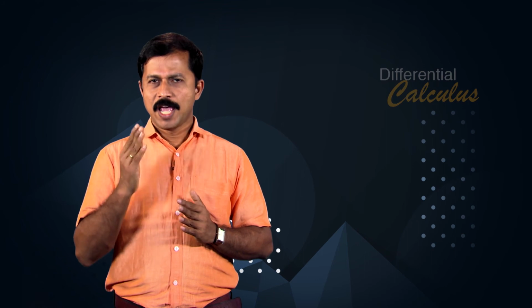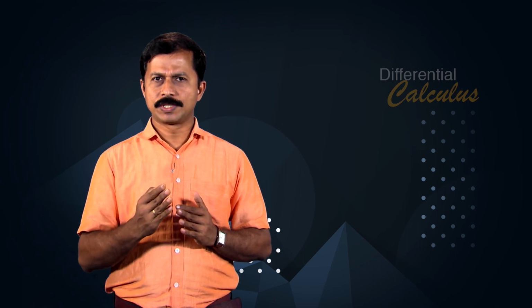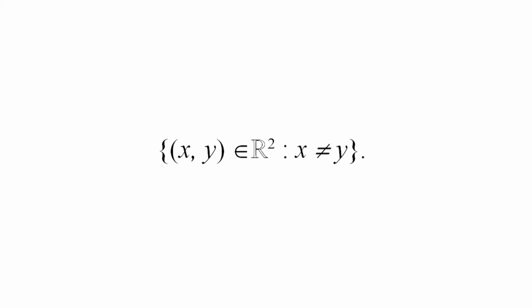That is, f is continuous on the set of all ordered pairs (x, y) in R^2 where x is different from y.